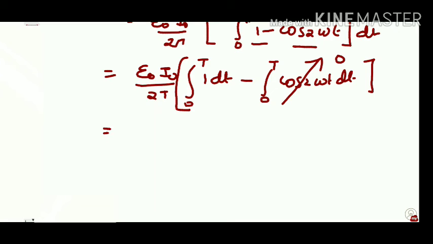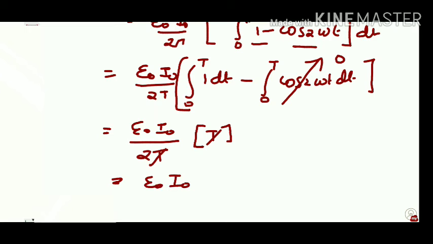So now I am going to write it as epsilon naught I naught by 2T, then there is only the integration of 1, which is T. Upper limit minus lower limit, you will get T itself, you cancel out, and you get the answer as epsilon naught I naught by 2. Clear? So that is the average power for one cycle, or for infinity.